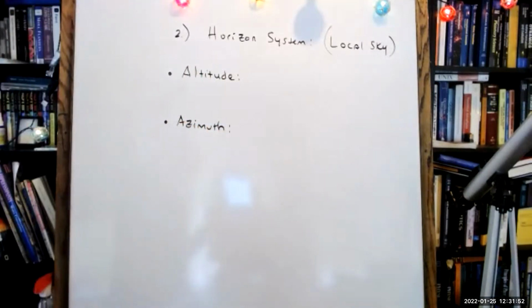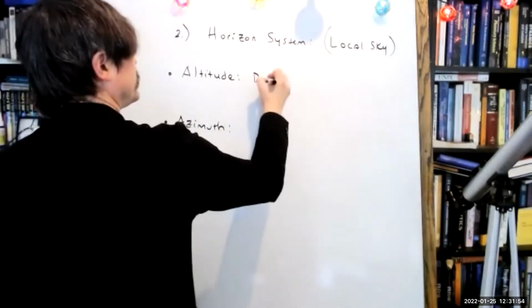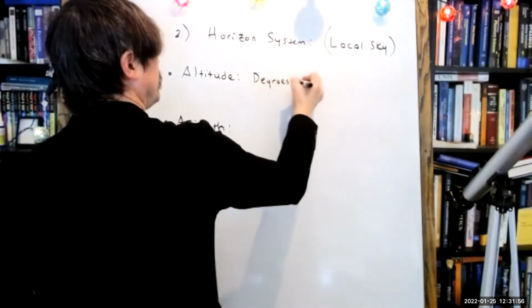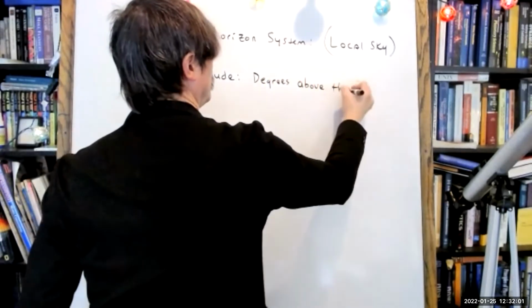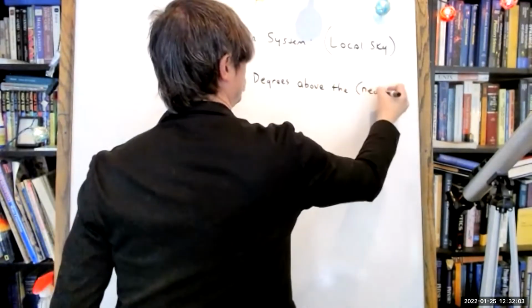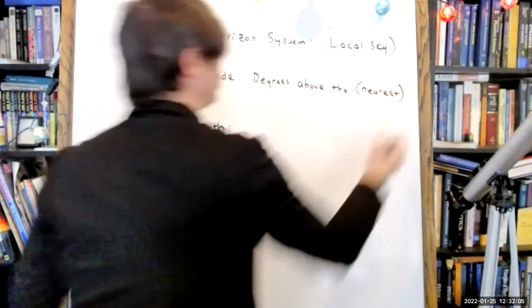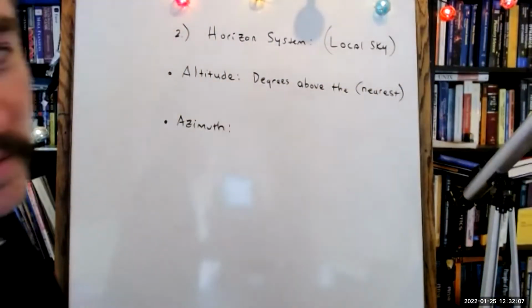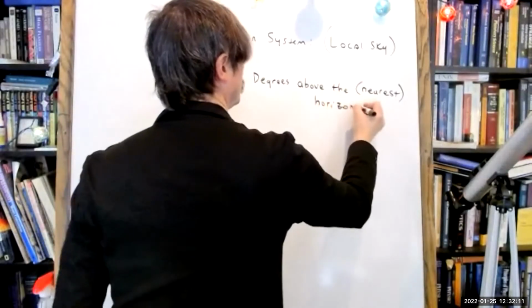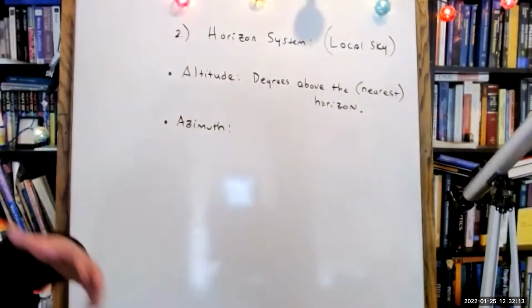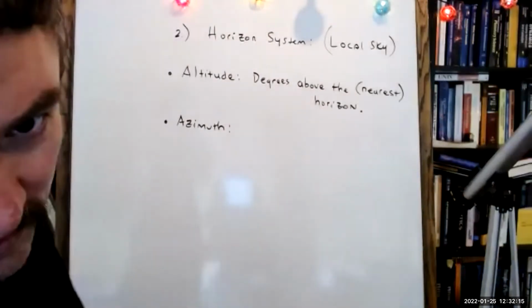We define altitude as the degrees of your object above the nearest horizon. In other words, it's the degrees up of a star from the ground.